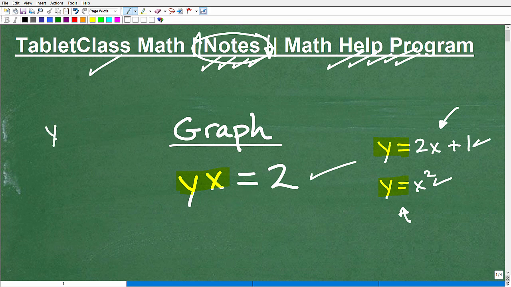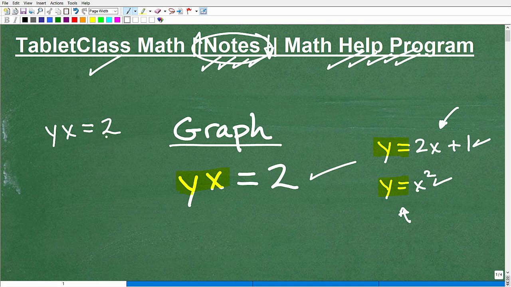If we have yx is equal to 2, and I want to solve for y only here, you're like, well, how do I do that? We have to think of x as a variable. I just did a video not too long ago on solving for the indicated variable in a problem.